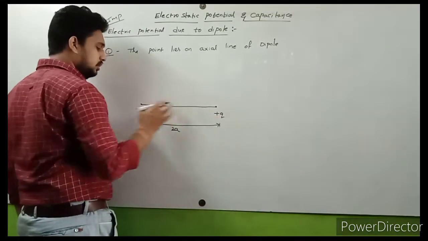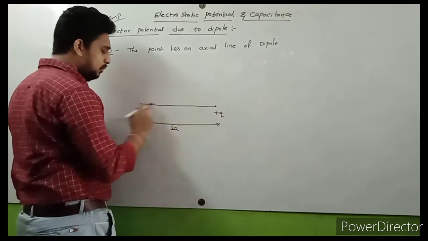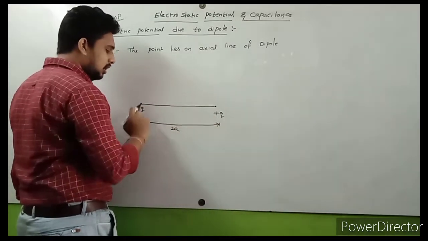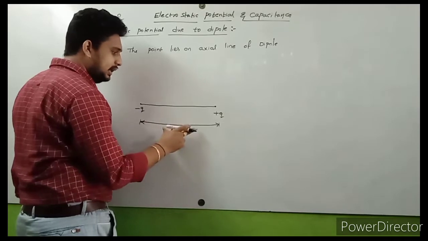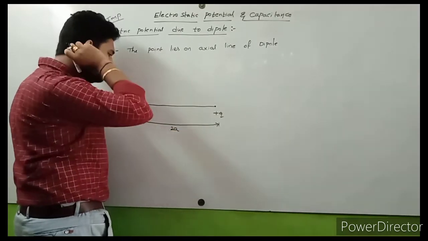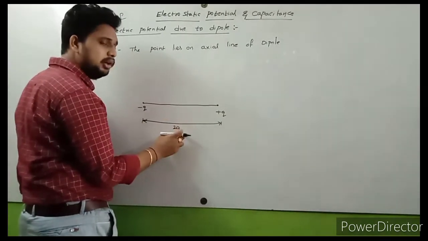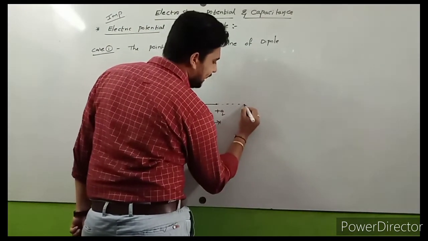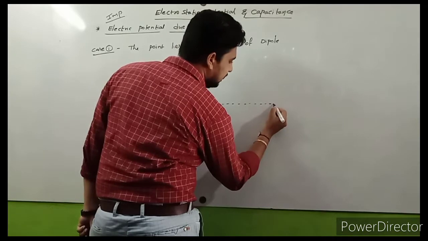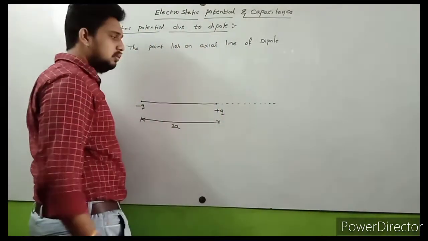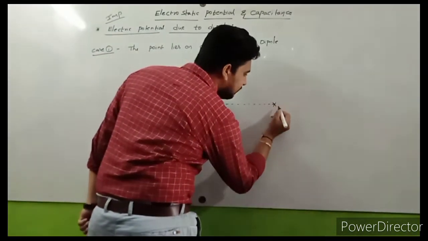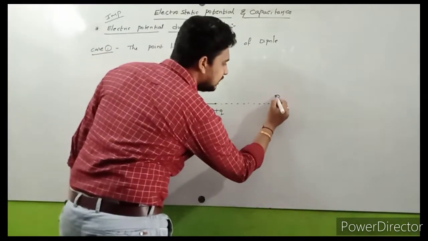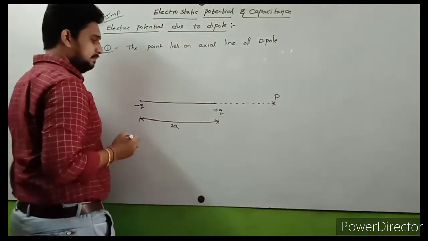Identical in magnitude, Q, opposite charges, plus and minus, separated by some distance. Dipole distance is always equal to 2a. Now the point lies on the axial line. This is the axis of the dipole. So if you consider a point on this axial line, we need to find the electric potential at this point P.